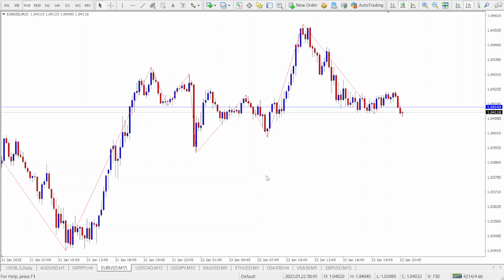Finally, you can adjust the settings of the indicator. You can adjust its sensitivity by tweaking the depth or deviation settings.